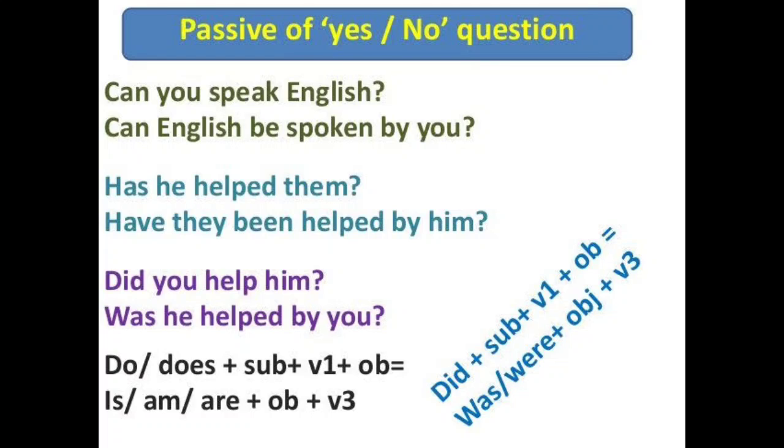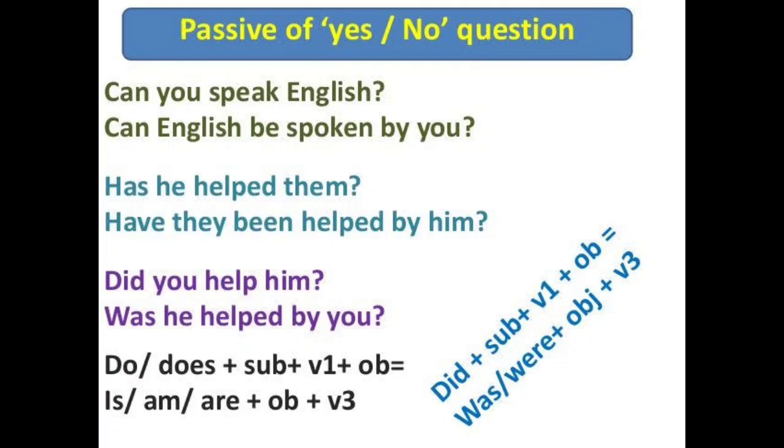So, the sentence structure is do or does plus subject plus verb 1 plus object equals is, am or are plus object plus verb 3. And did plus subject plus verb 1 plus object equals was or were plus object plus verb 3. So, if it is in the present tense do form, that is do or does, we have to use the helping verb is, am or are.